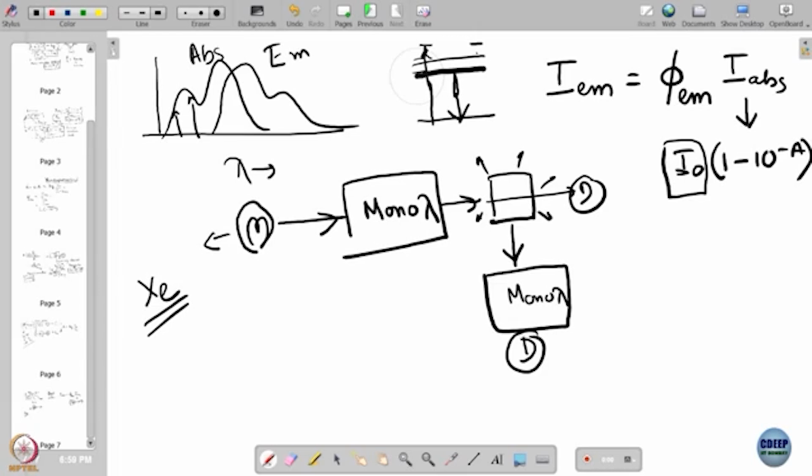Now, in absorption as well as emission, how is the measurement done? We said that we have some kind of light falling on the monochromator and the output is some particular wavelength lambda n.